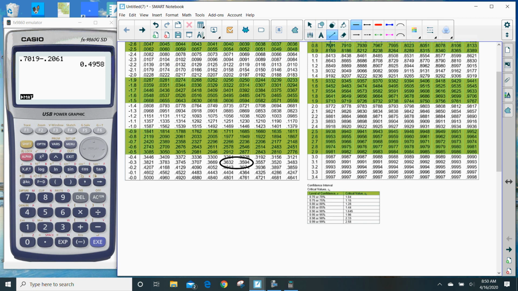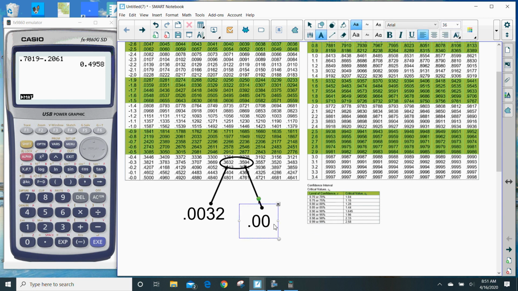So looking at this one, for instance, how far is that away from 36%? Well, that is 0.0032 away from 36% straight up. And then how close is that to 36%? Well, that one is 0.0006 underneath 36%.